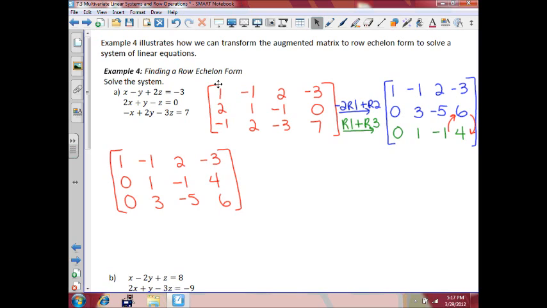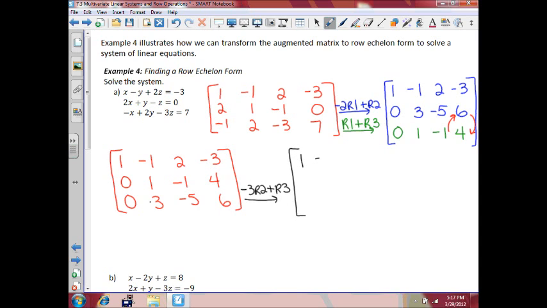Now we have the start of row echelon form. What we want to do next is get rid of this 3 right here. So I'm going to multiply my second row by negative 3 and add that to row 3.